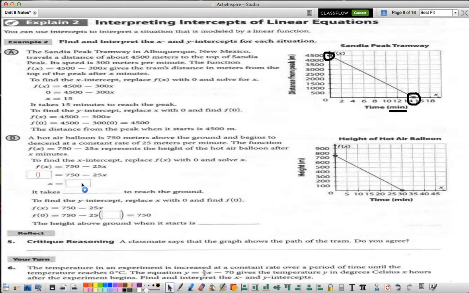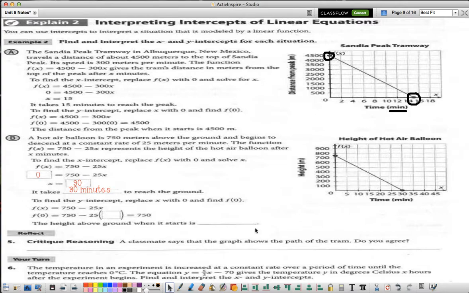When I solve that, I subtract 750 from both sides, and then I divide both sides by negative 25, and I get 30. So what this tells me is that it takes 30 minutes to reach the ground in that balloon.